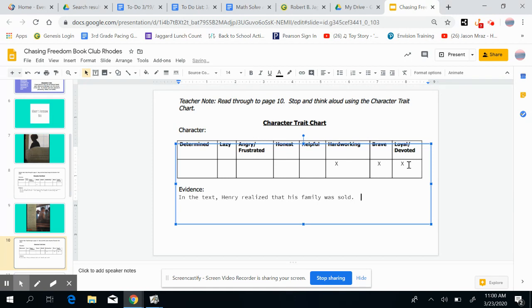Henry continued to work even though he was upset. This shows that Henry was hardworking.